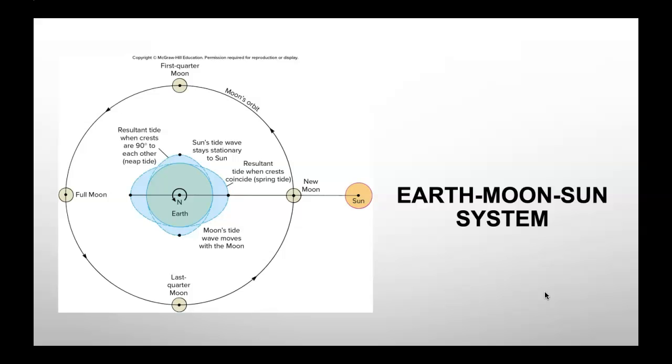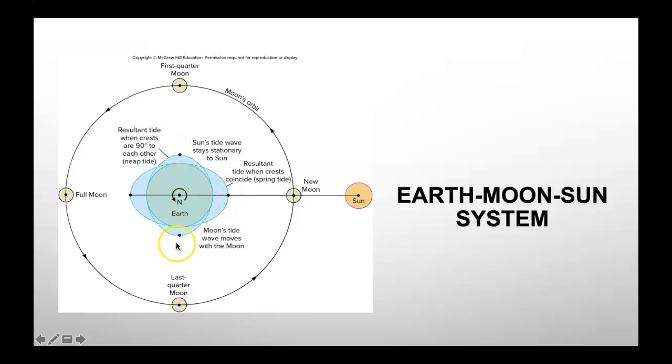If the Sun is at 90 degrees to the Earth and the Moon, it is going to subtract from that bulge, have its own pull, and make the high tide lower and the low tide higher, and that is the neap tide. So this is showing the spring tide, where the Sun and the Moon are in a line. The spring tide's higher.